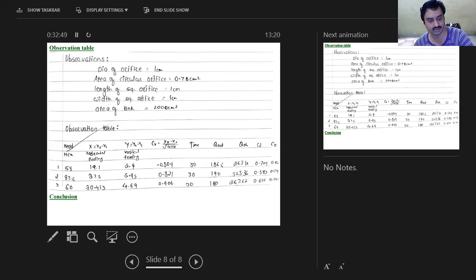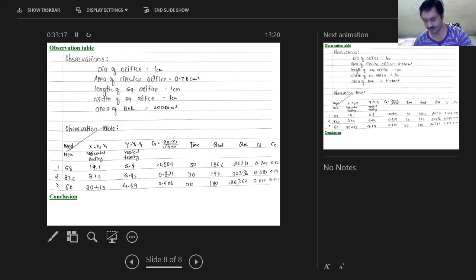Now this X and Y are the coordinates of the streamline which will be used for calculating the CV. Then this is the time taken for filling the collecting tank up to a certain height. This is the Q actual, this is your Q theoretical, then CD and CC. Fine.